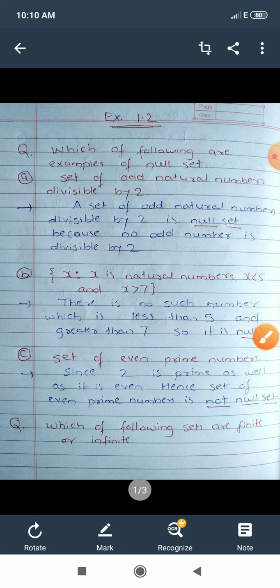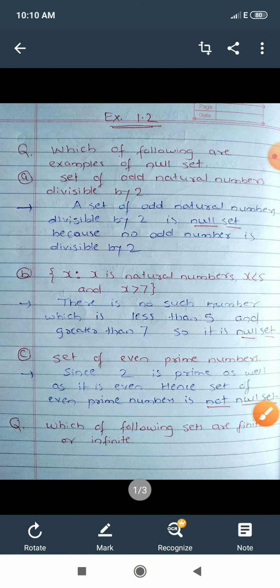Okay. Moving on to next, set of even prime numbers. Now dear students, we know the prime numbers. Since 2 is a prime number, we know that 2 is included in the category of prime numbers as well as it is an even number, right?